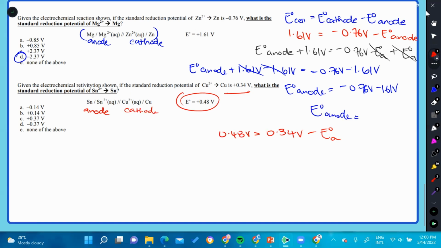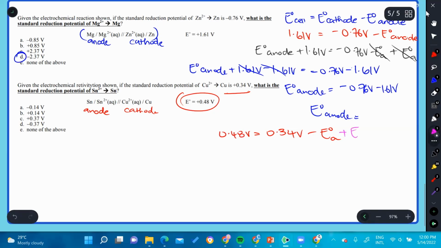So E naught of A, I'm not going to skip the steps. In order to get E naught of A as positive, we're going to add E naught of A to both sides. The positive is in front of the E naught, but this is already positive 0.48, so that's why I put a plus here.